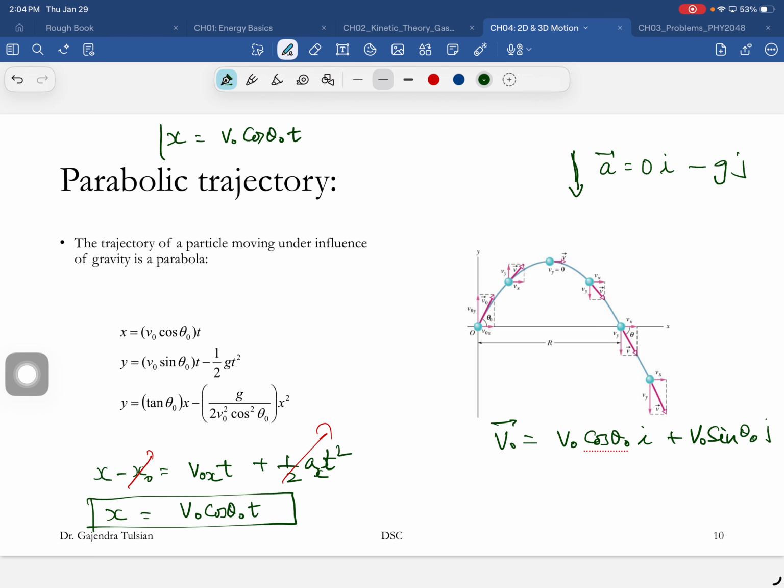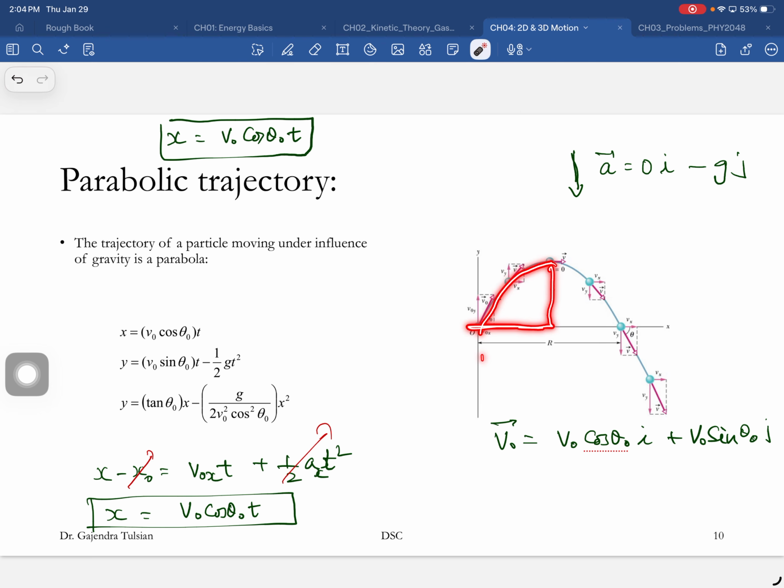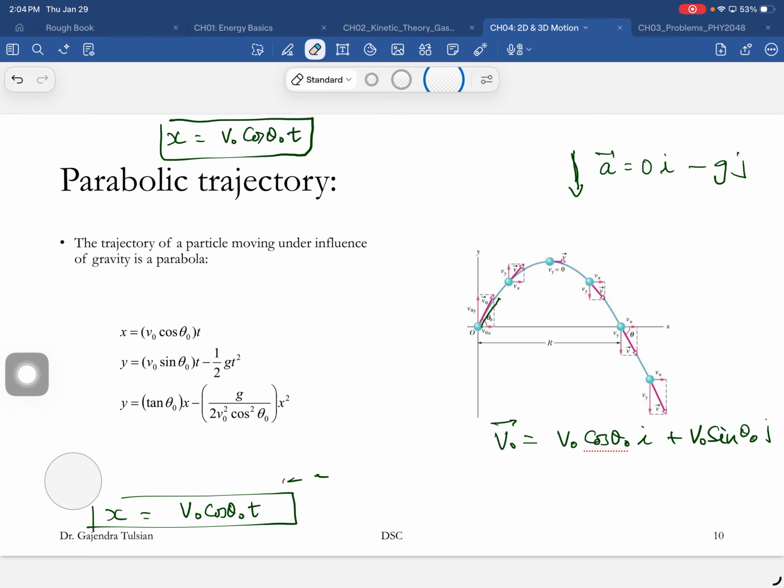So y equals v naught sine theta naught times x over v naught cosine theta naught, minus 1/2 g times x over v naught cosine theta naught, squared.